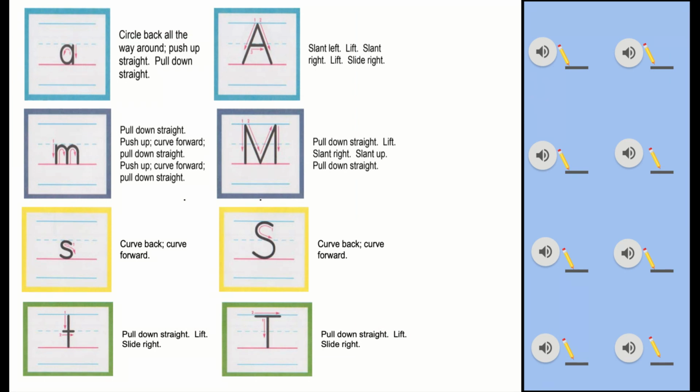Now pick up your pencil and we're going to write the letter that represents the sounds we hear. There will be 8 sounds. Ready for the first sound? The first sound is A. Write the letter that represents that sound.